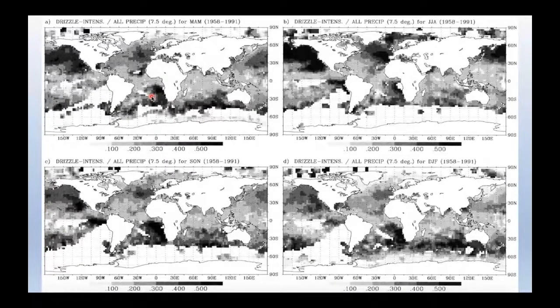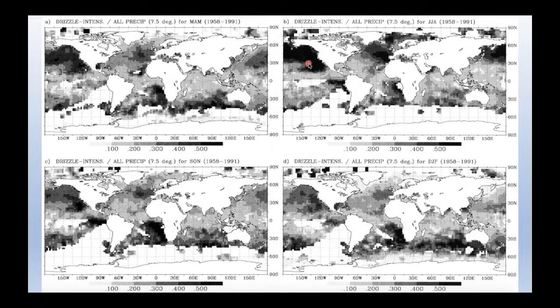This one is looking at the occurrence of drizzle intensity precipitation as a fraction of all precipitation. So it's conditioned on there being precipitation. And we see some areas that stand out, like off the west coast of North America during the summer months, where there's a pretty high frequency.